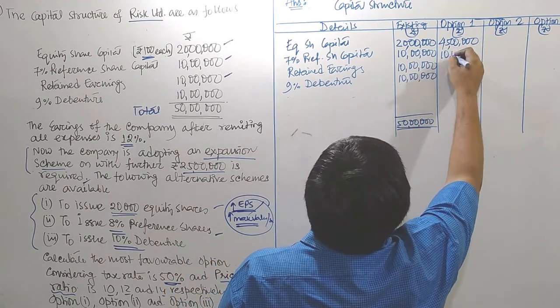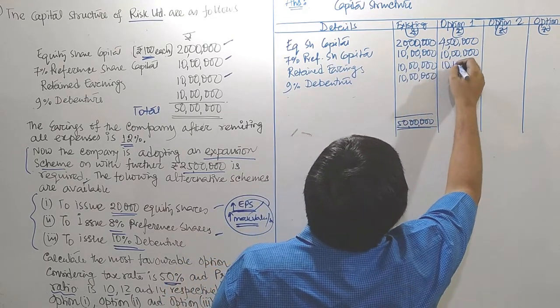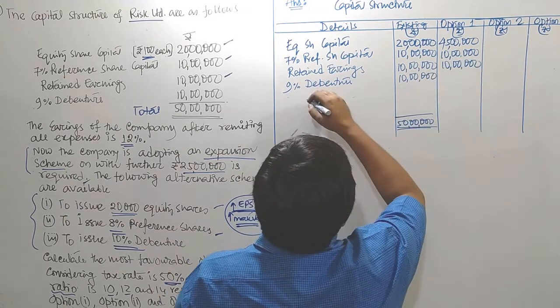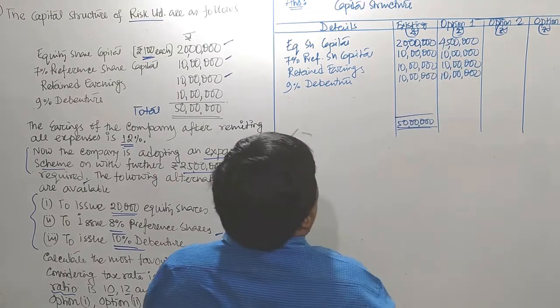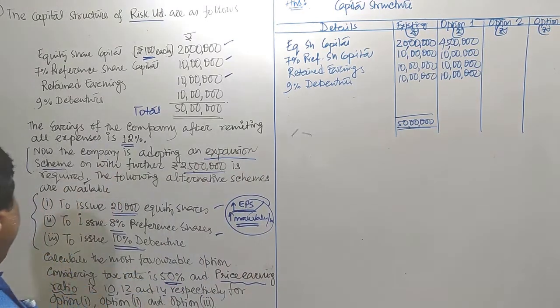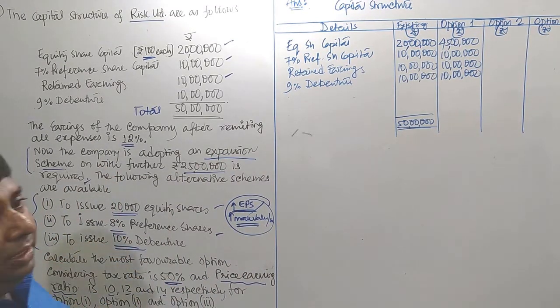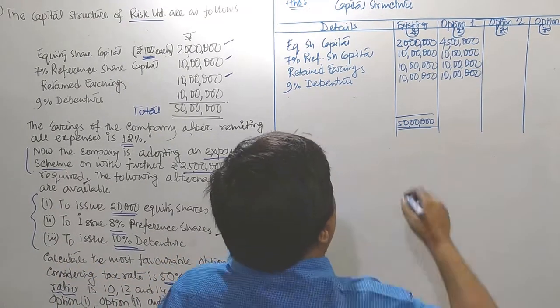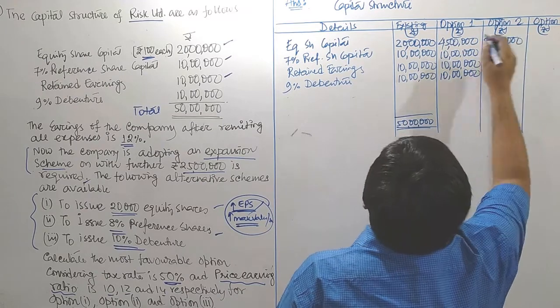Preference share capital remains as it is, 10 lakhs. Retained earnings remain as it is, 10 lakhs. In fact, debenture also remains as it is, 10 lakhs. Now option 2. Here the company issues 8% preference share capital. Then in option 2, equity share capital remains as before, 20 lakhs.